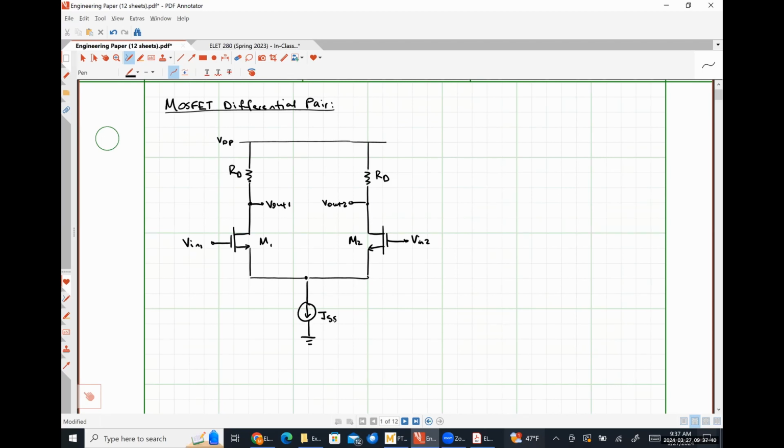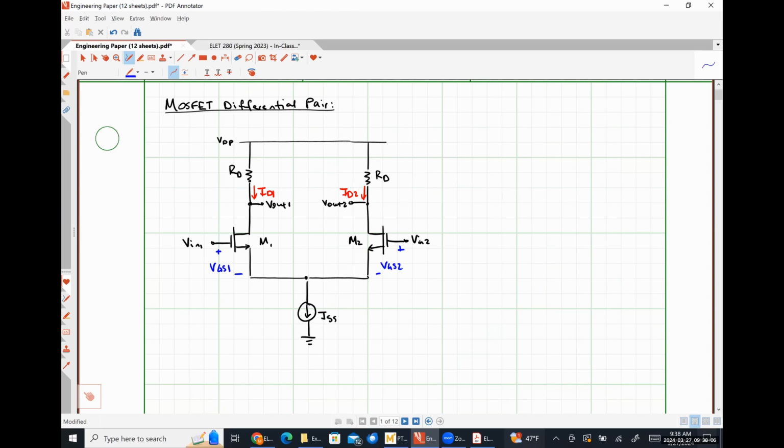And just to label a couple of things here, this current will be ID1, this current will be ID2, this voltage will be VGS1, and this voltage will be VGS2.